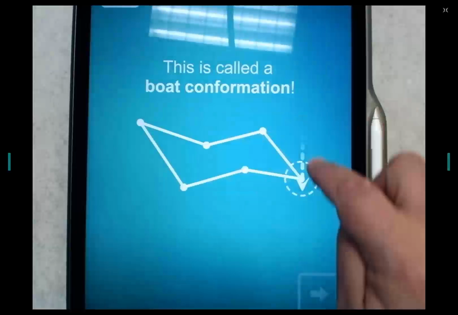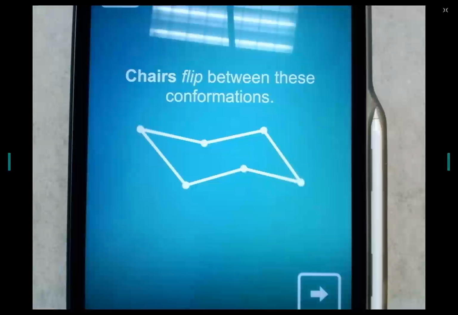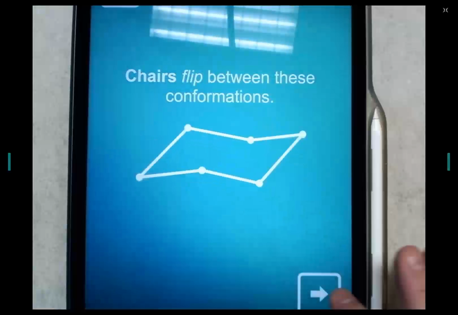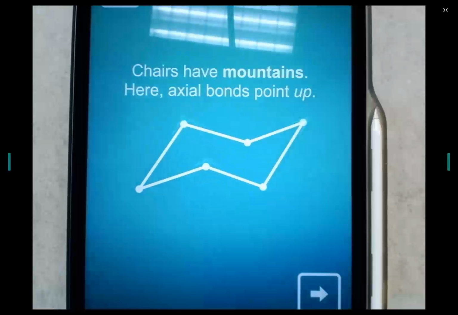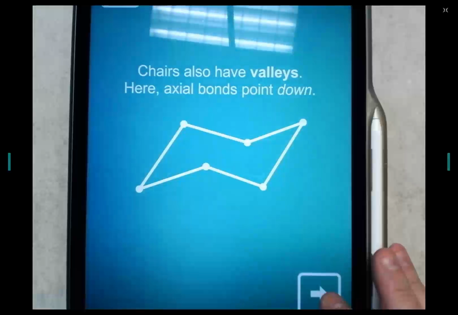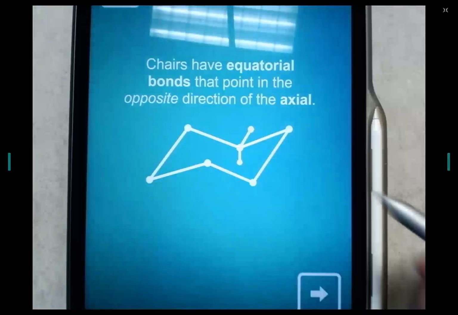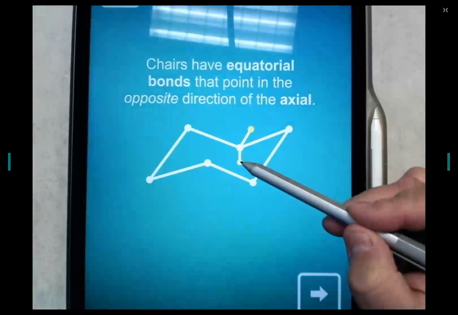We bring this one down. And there's the other chair. Now it goes back and forth like this until I tell it to move forward. Those three, they call mountains. Then they have valleys. I'm not a big fan of that terminology. Whatever. But then here is where we have our equatorial and axial positions.